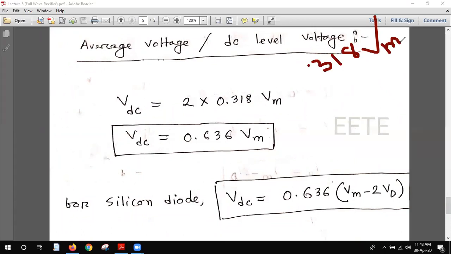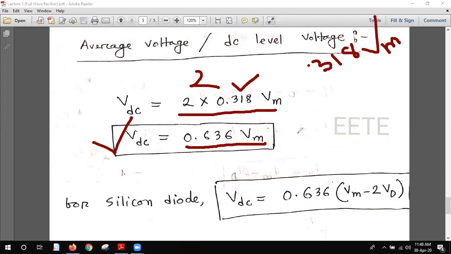Now the full wave has two sides, so we multiply by 2 into 0.318 Vm. So the DC or average voltage in the full wave will be 0.636 Vm, just the half wave multiplied by 2.